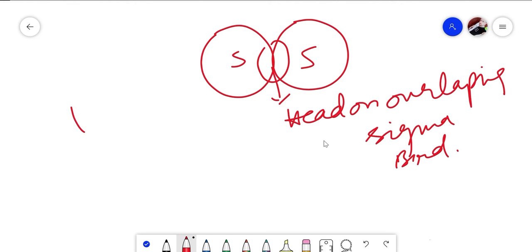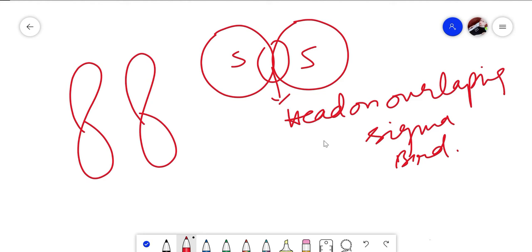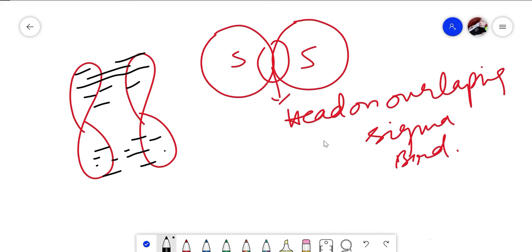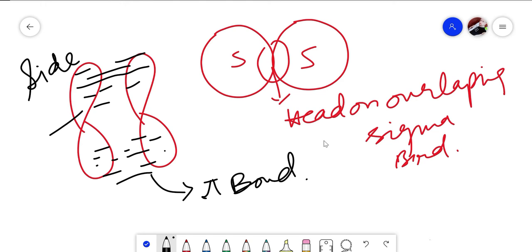Then we have the sidewise overlapping. So this is a sidewise overlapping, and this is a pi bond. We call it a sidewise overlapping.